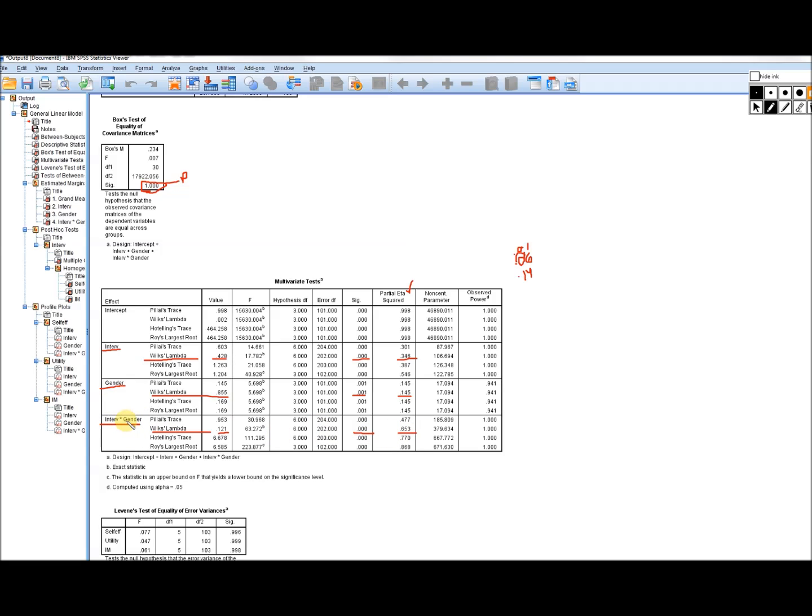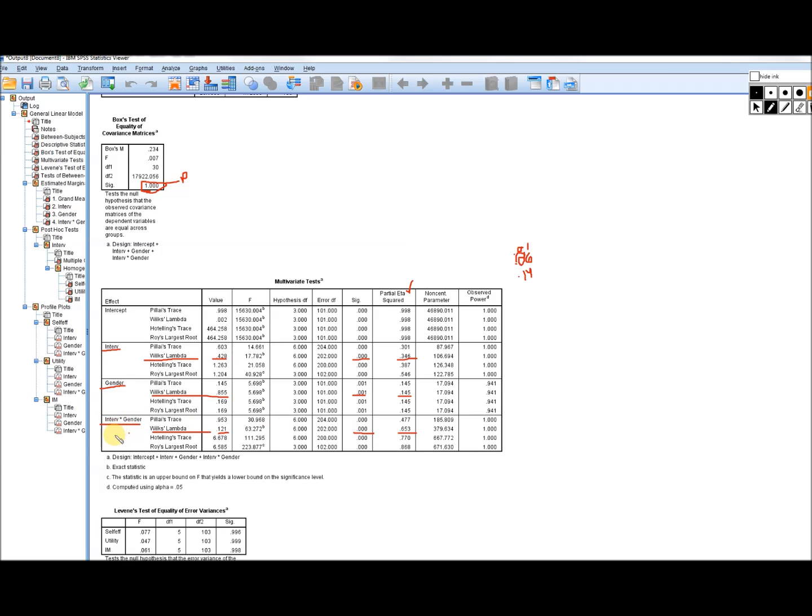So what that basically means is that the relationship between intervention and the set of dependent variables changes across levels of gender. In other words, gender is serving as a moderator variable. Keep in mind, I'm treating gender as a moderator variable, but theoretically speaking, I could have said that the relationship between gender and the set of dependent variables is being moderated by intervention.